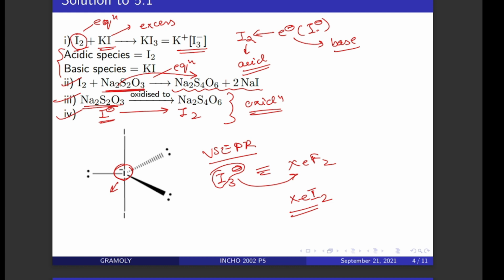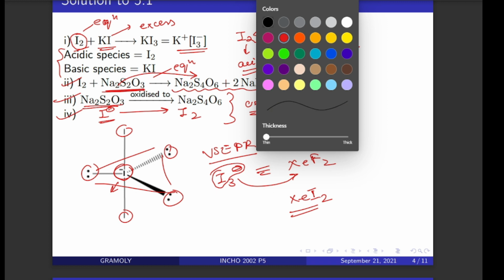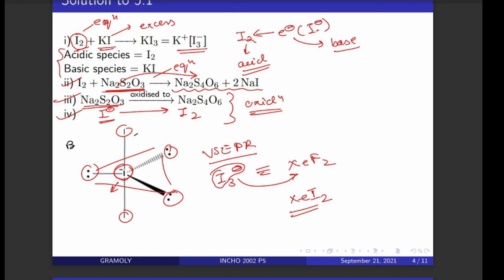It has 3 lone pairs which are arranged equatorially, and 2 iodine atoms which are on the axial positions, and we can comment on the shape by Bent's rule. The answer to why these lone pairs are present in the equatorial position and not in the axial position is given by Bent's rule. We can apply that here.